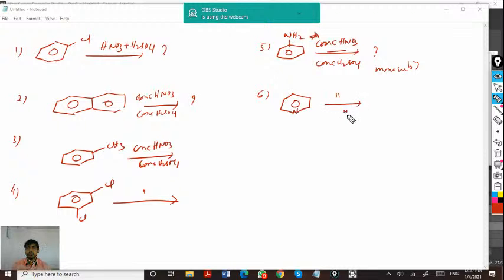Next, with pyridine, what could be the product? You need to see the regioselectivity. When is it going to give the tri-substitution product? When it is a phenol. This is not happening with aniline, but it does happen with phenol. Why could it be?